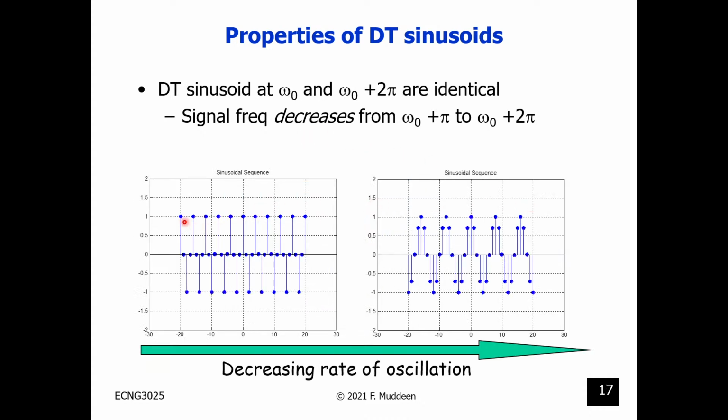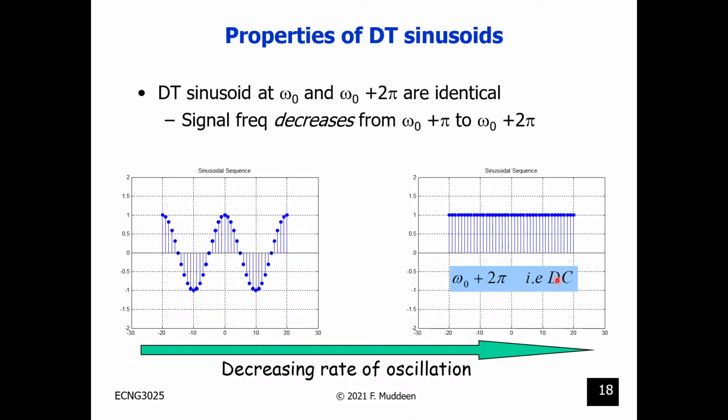Then we get back to where we require more and more samples to represent our discretized time sinusoid, until we get back to our original signal sample rates, as we just saw when we had it at omega naught. Conversely, if this omega naught was a DC value, we'll just go back to our standard DC signal as we saw from the start.